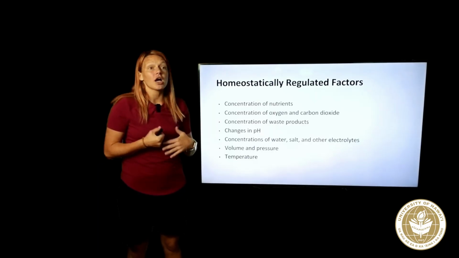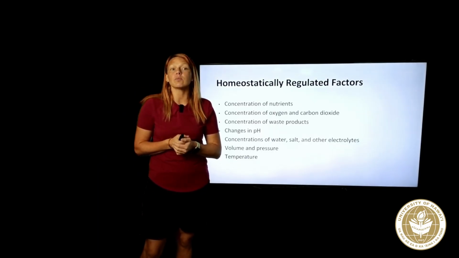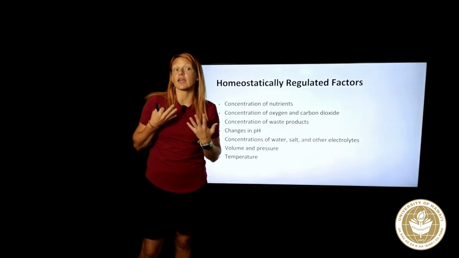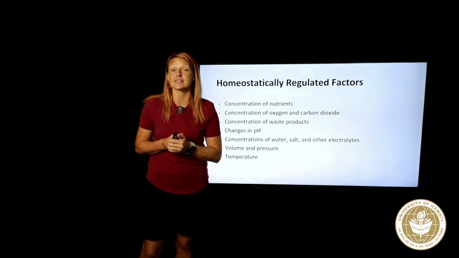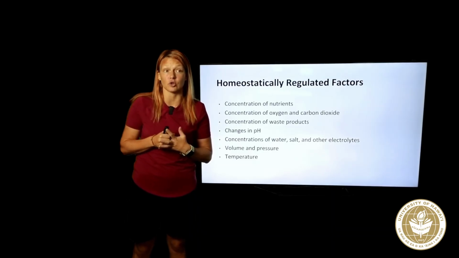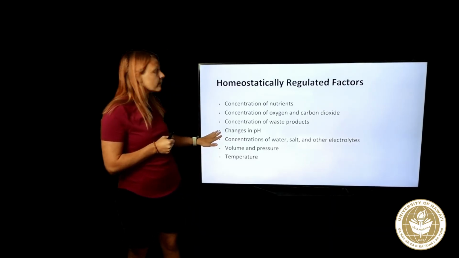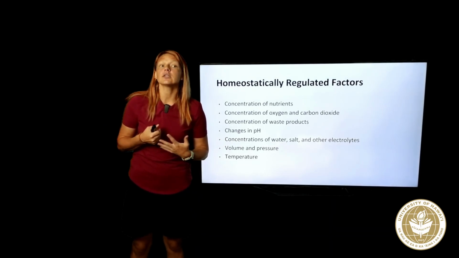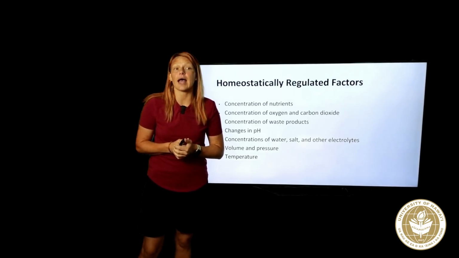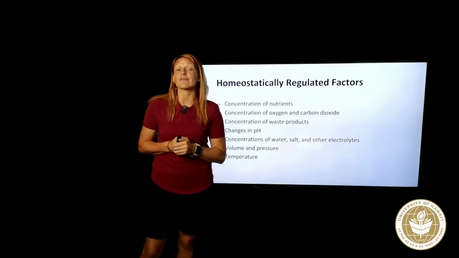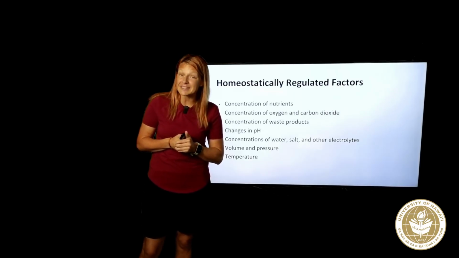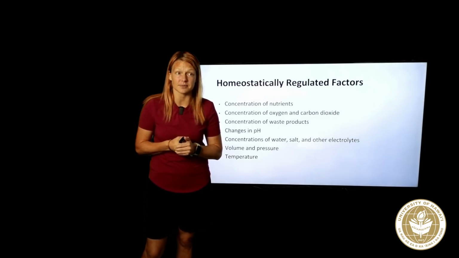The concentration of waste products, so the end products, like I said, of chemical reactions can have a toxic effect on body cells if those wastes are allowed to accumulate. We also have changes in pH. So changes in pH can adversely affect nerve cell function and also wreak havoc with the enzyme activity of cells.